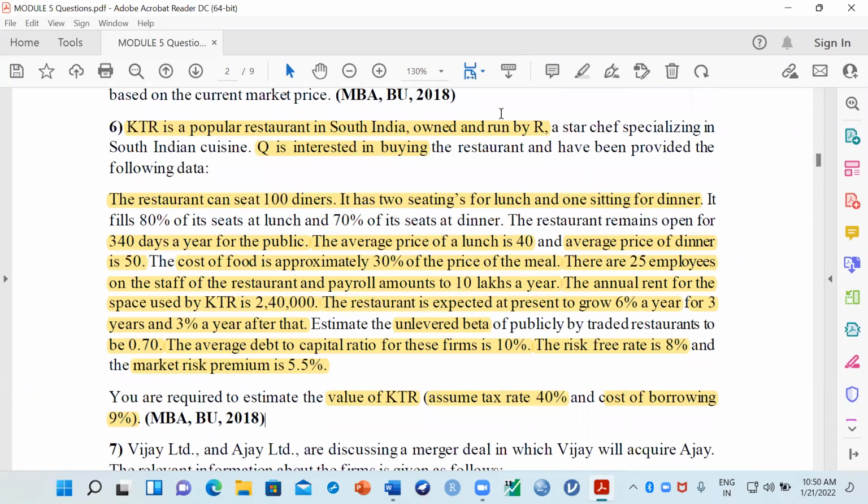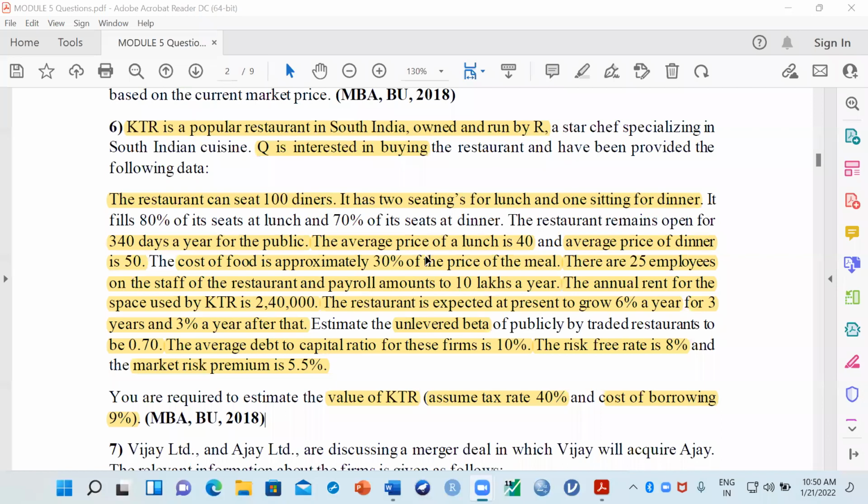Now I want to ask a very simple question. It is common for everyone. We all go to restaurants. Normally for any restaurant, what is the revenue? So here, if you see this particular restaurant, can you tell me what source they are getting revenue from? What is the revenue model? Can you put your answer in the chat box?